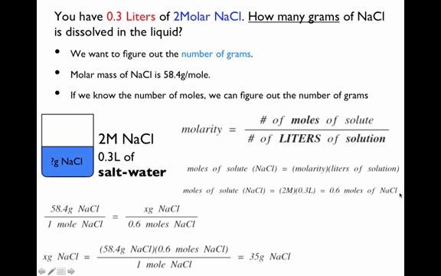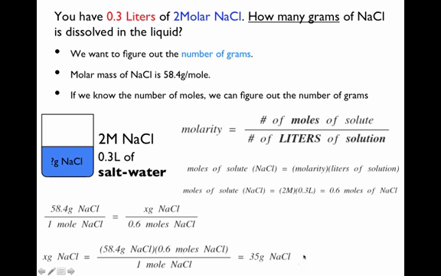According to this over here, we only have 0.6 moles of table salt. So the question then becomes, how many grams of table salt is equal to 0.6 moles of table salt? We cross multiply and divide again to get x all by itself. X is equal to 58.4 times 0.6 divided by 1, which is just 58.4 times 0.6. If you multiply that out, it comes out to about 35 grams.